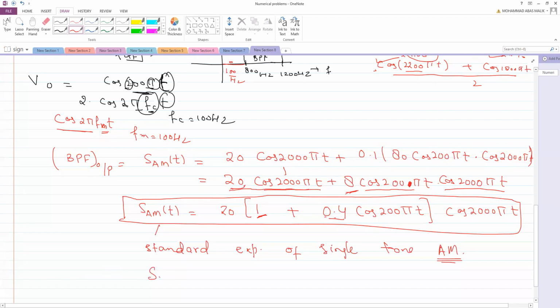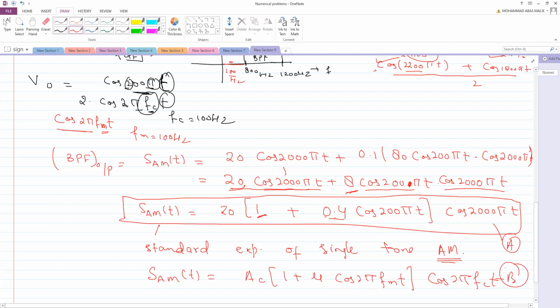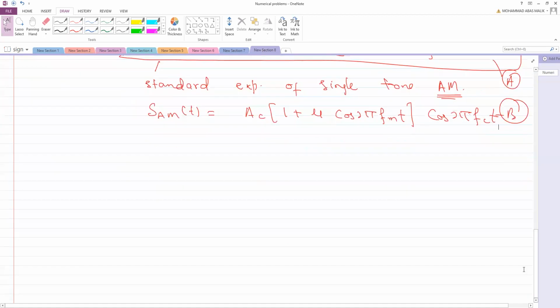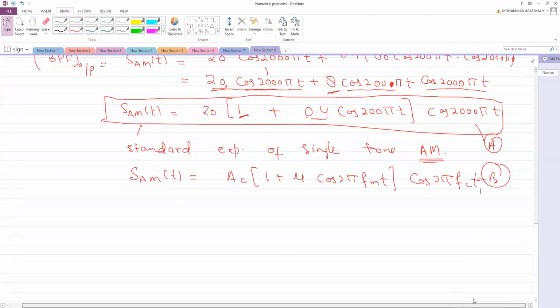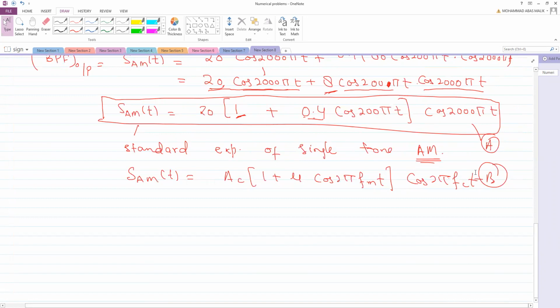So you can compare this with the general expression, as we have already done, Ac into 1 plus mu cos of 2 pi fm t into cos of 2 pi fc t. Compare equation A and B and tell me the values of Ac, mu, fm, fc. Now these values should come from your side, please.